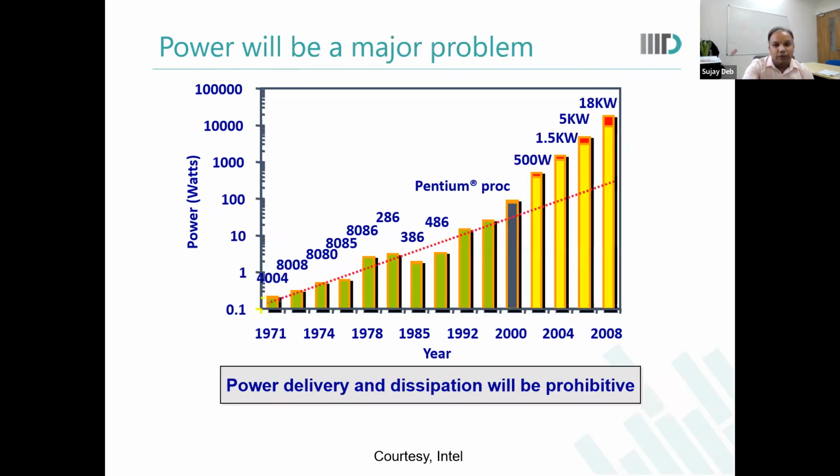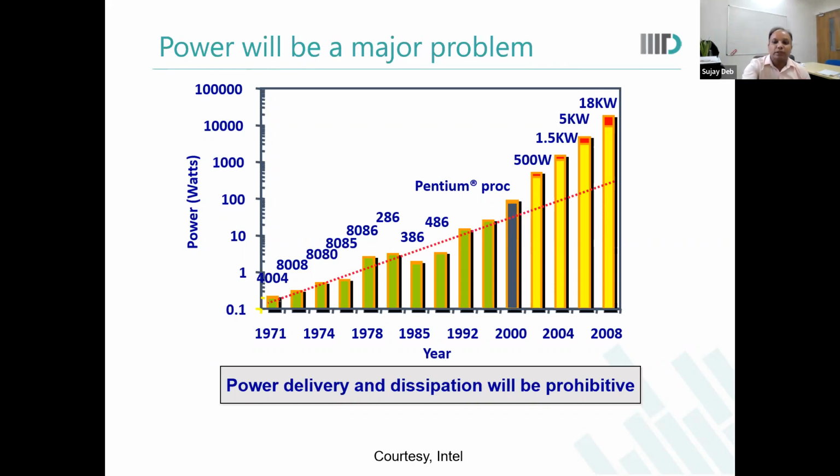If this trend had continued without any modification, these are the power numbers we would be looking at: by early 2000 we would be in the range of hundreds of watts, and then kilowatts, five, ten kilowatts, in that range.